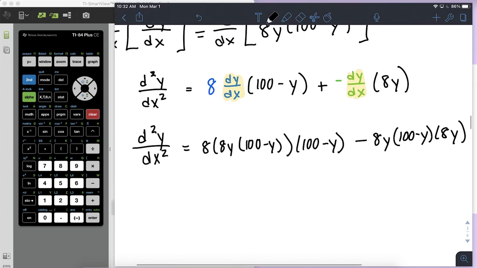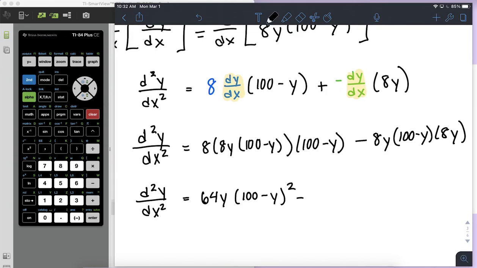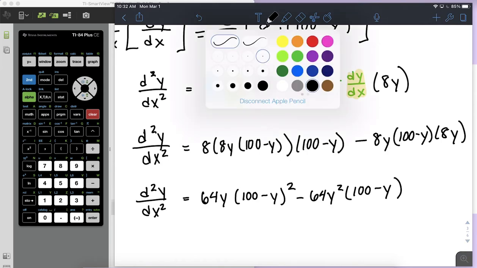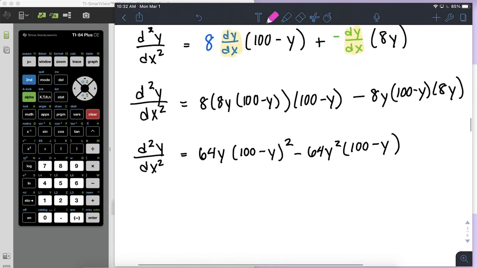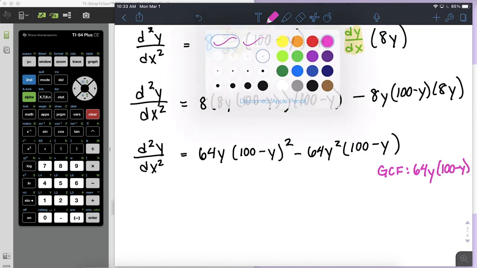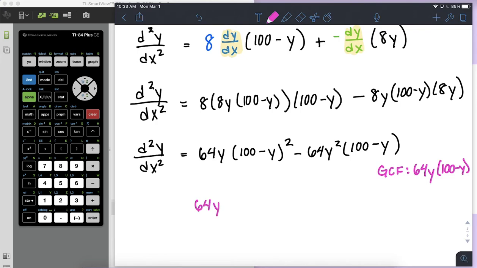Okay, so if I simplify a little bit, I'm not going to fully multiply through, but we can combine things, right? So 8 times 8 is 64y in the front, and then I have 2 of those 100 minus y groups there, and 8y times 8y is 64y squared times 100 minus y. So now this equation I can actually factor because it has a GCF. Both parts of the equation have 64y and a group of 100 minus y. So I'm going to go ahead and factor that out.